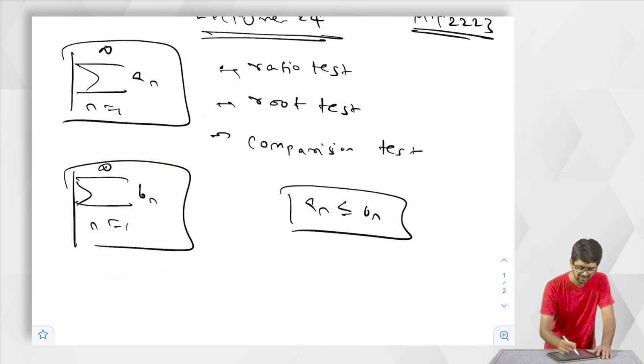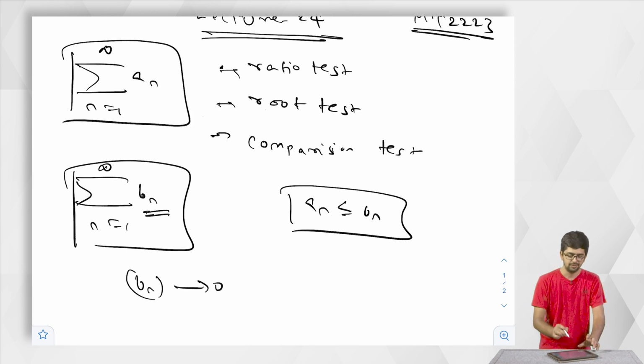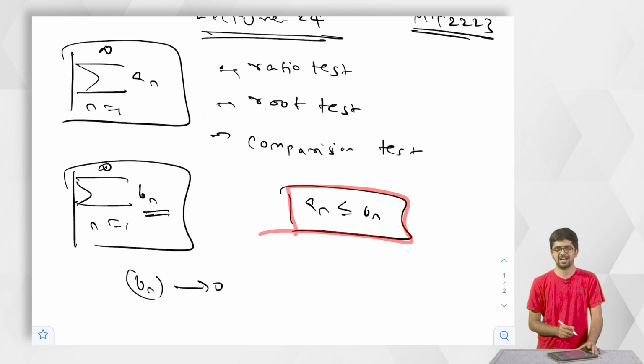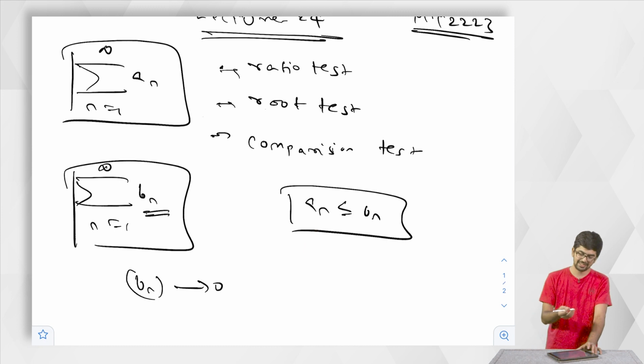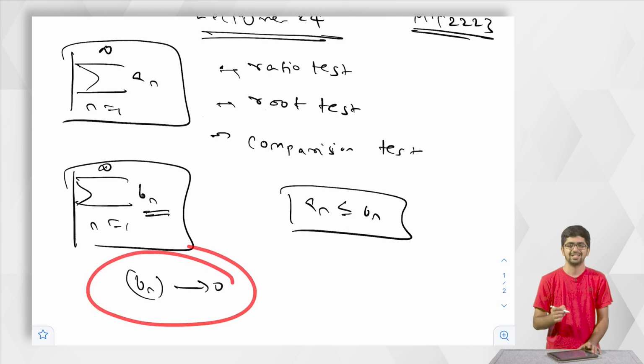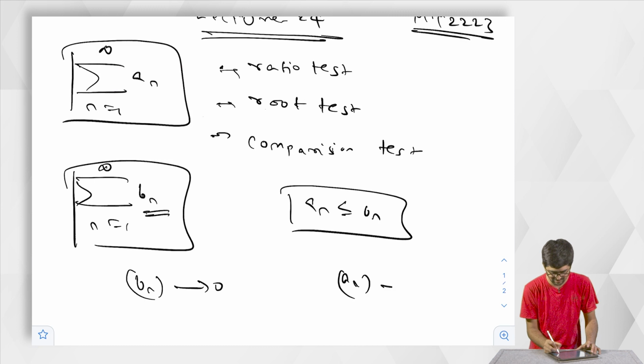What is the first thing for that? We have Bn going to 0. If this is already happening, then An is already going to 0. Suppose this is not happening. Is there another property of sequences such that Bn goes to 0 implies An goes to 0? That is the first question to ask.